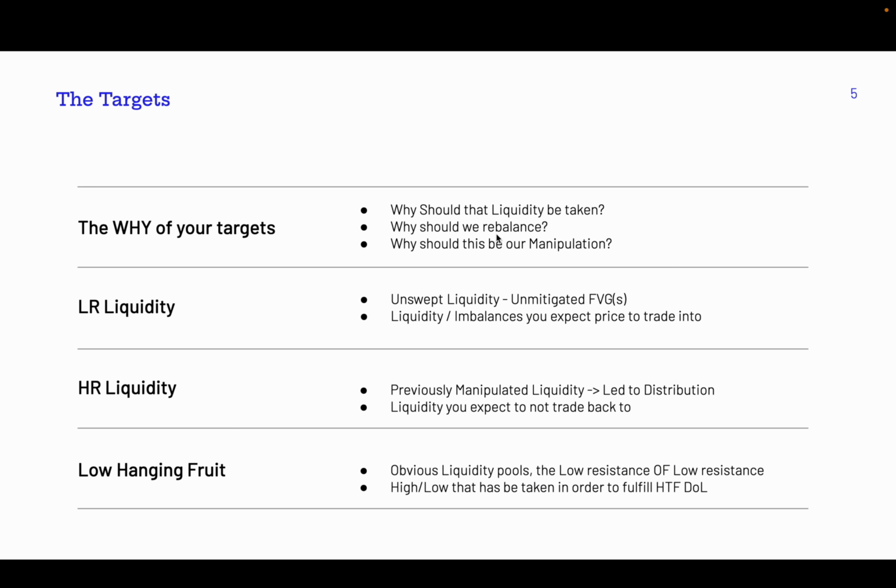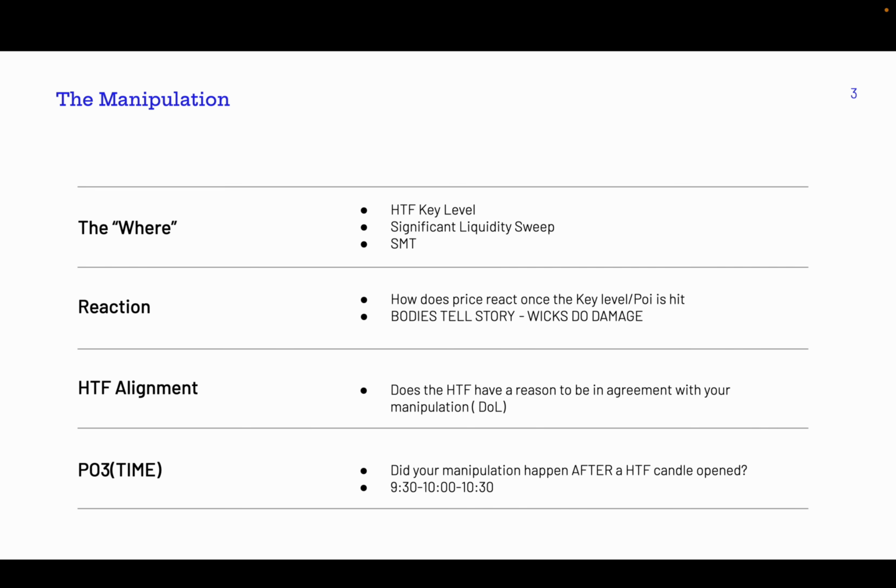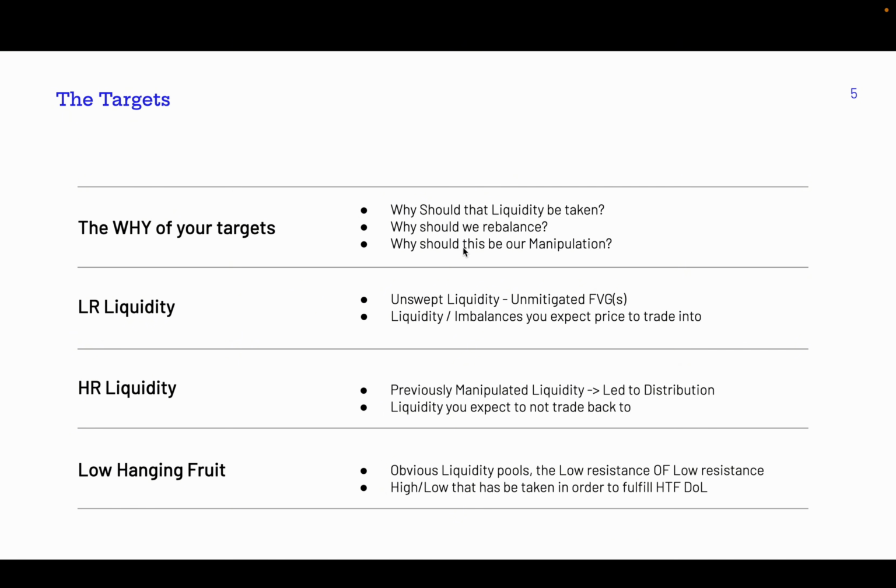Whenever price is just running, creating open imbalance after open imbalance, and at no point are we running into those or rebalancing that range, given that now we have this new manipulation at our key levels, it would be a valid idea to assume, all right, we hit all of this important stuff. We're clearly reacting. We should rebalance this range either to unmitigated gaps or to equilibrium, just to rebalance.